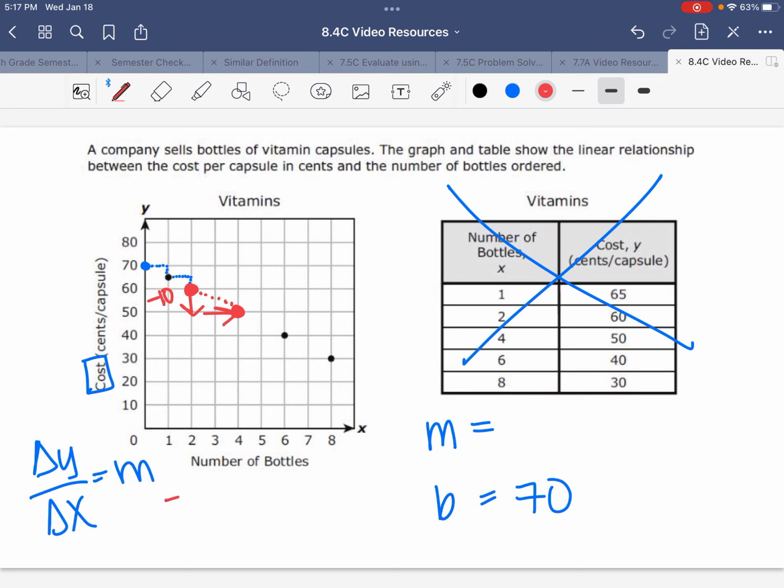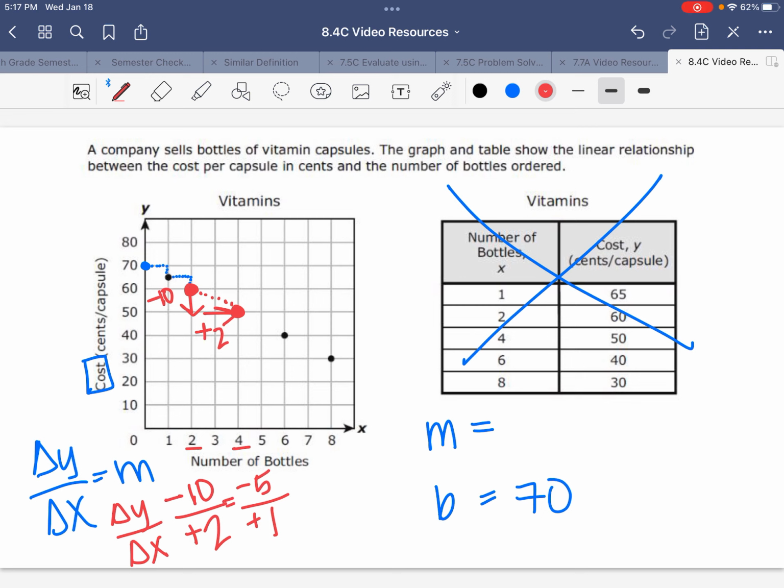So as my y decreases by 10, my x is increasing, and it goes from 2 to 4, so it increased by 2. So that means that I decreased by 10 cents as I added 2 bottles, which means if I'm adding 1 bottle, then it's going to be decreasing by 5 cents.